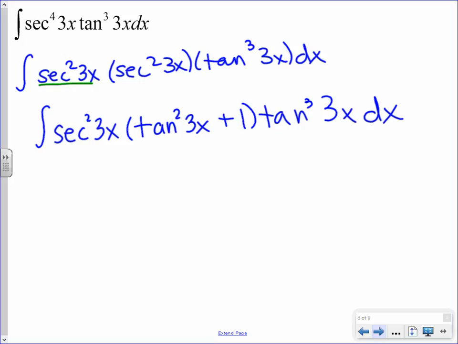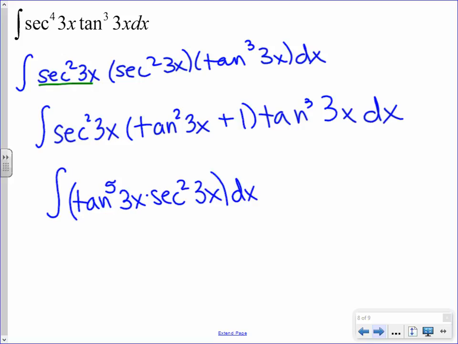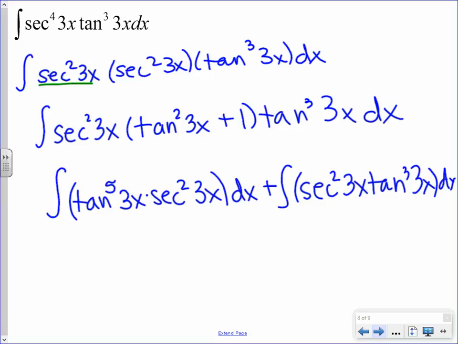So if we take secant squared 3x times tangent cubed 3x and then distribute that into tangent squared plus 1, we get tangent to the 5th 3x times secant squared 3x plus secant squared tangent cubed.